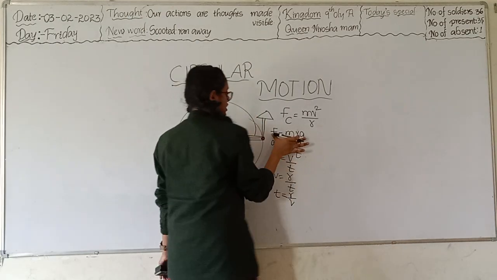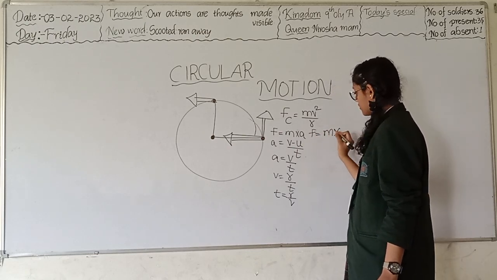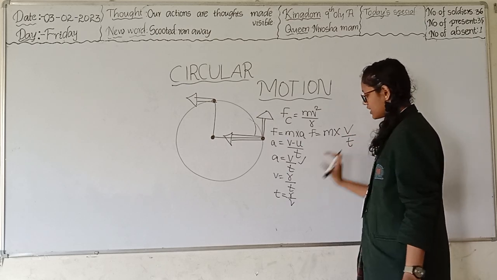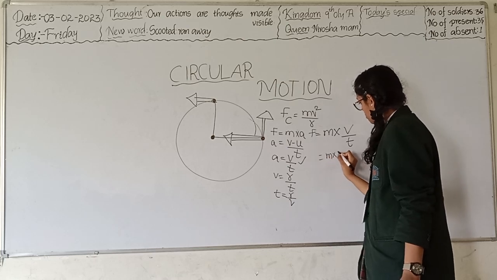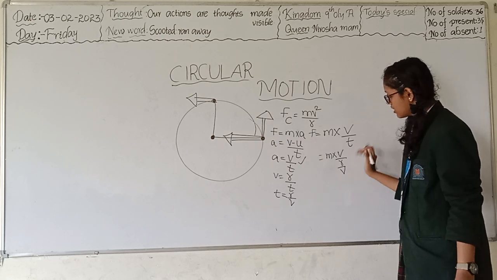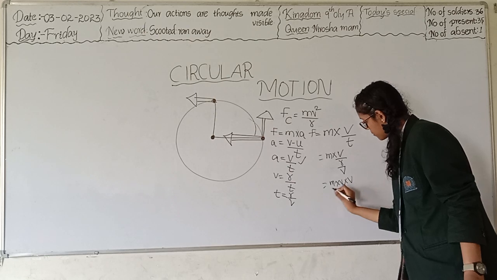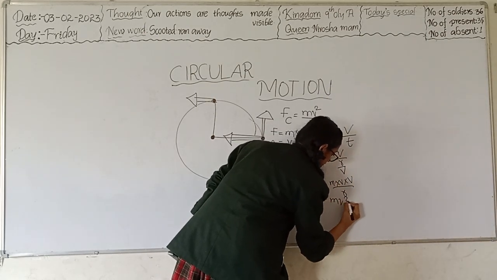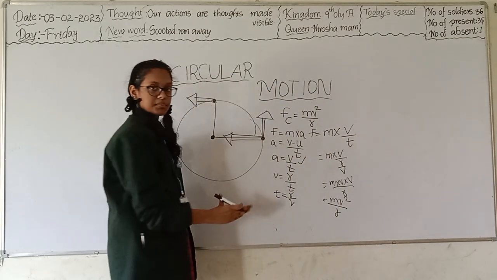Now F equals m into a, and we know a equals v by t, where t equals r by v. So that is m into v by (r by v). If we transfer this v here, it becomes m into v by r into v, so that equals mv squared by r. This is the derivation of the formula of centripetal force.